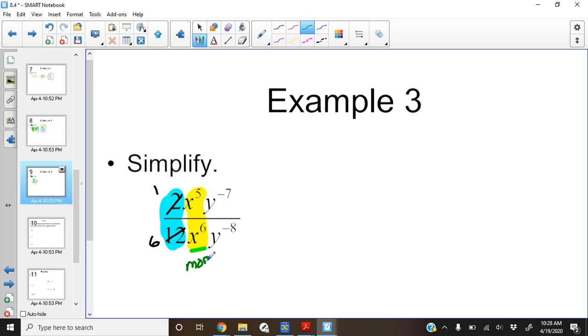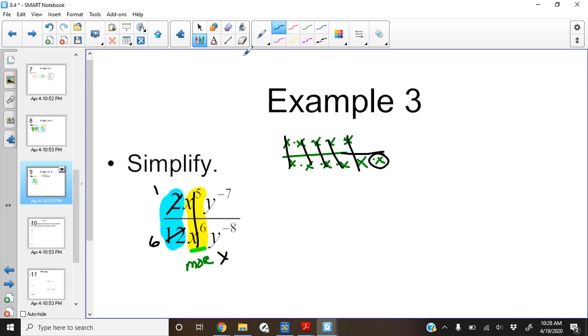So the leftover x is going to be in the denominator. Now, if you want to think about this in expanded form, x to the 5th is 5 x's being multiplied to each other over 6 x's being multiplied to each other. And then 1 pair, 2 pairs, 3 pairs, 4 pairs, 5 pairs are crossed out, and there's only 1 left over in the denominator because that denominator had the extra x. So there's only x left over in the denominator.